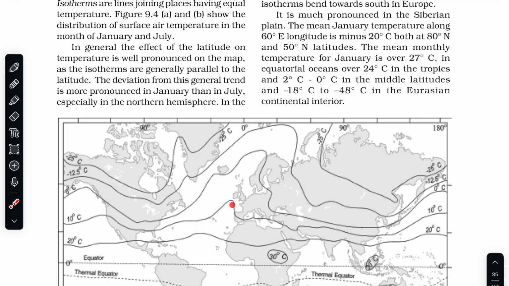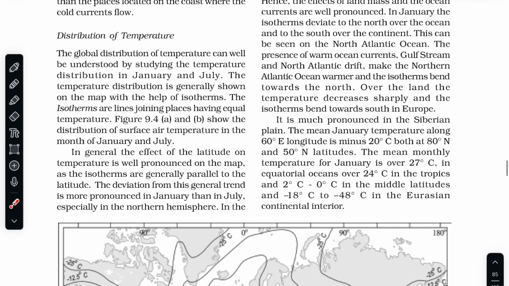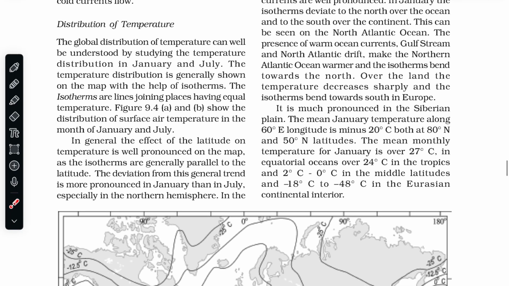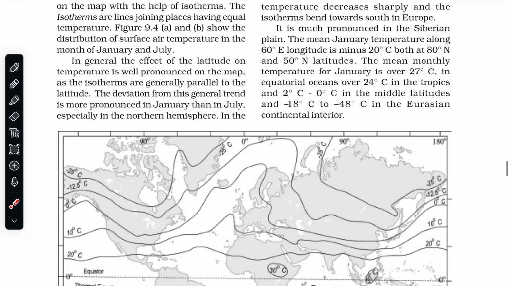So here the isotherms bend towards the south of Europe, whereas in the North Atlantic Ocean we can see them bending towards the north over the ocean, and towards the south of Europe over the land.